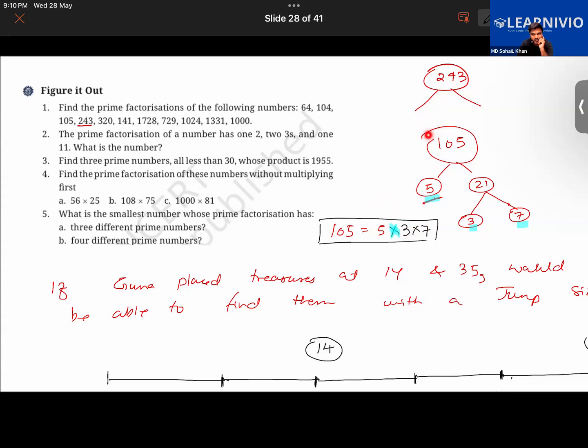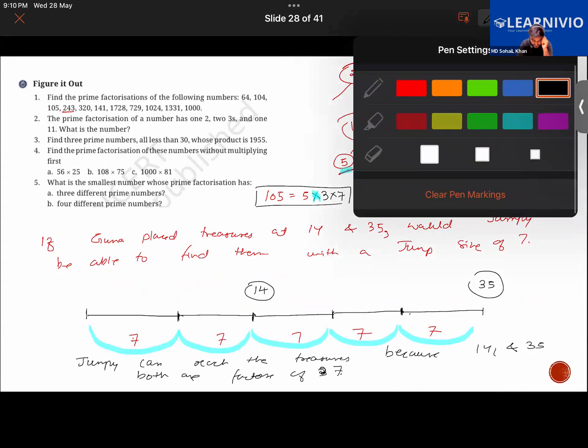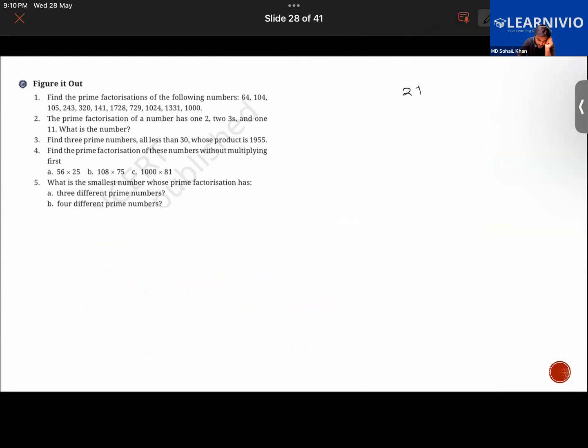Let me tell you, Habib, how Nafis would have done it. You had 243. It can be written as 3 multiplied by 81. How did I get to know this? I know that 243 is divisible by 3, because in its units place the number is 3.